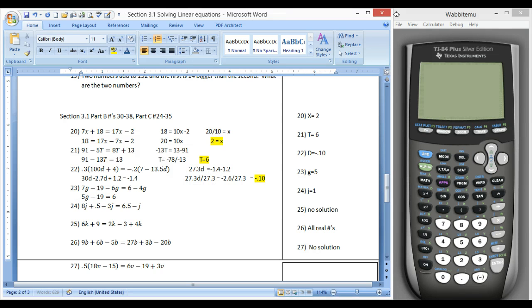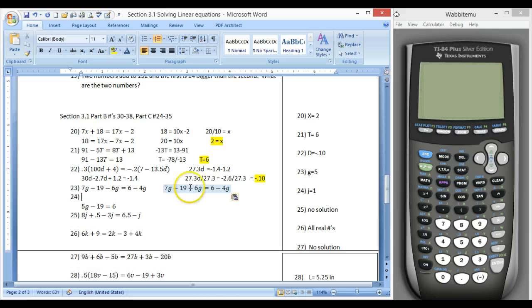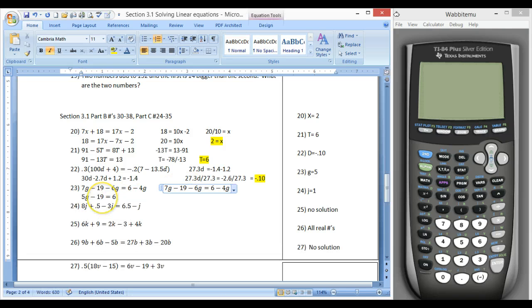Okay, so I'm going to come over here to give myself some more space, and so on this side I have 5g minus 19 equals 6. Okay, so now that I've combined all of my variables, I need to combine all of the terms without a variable on the right-hand side.